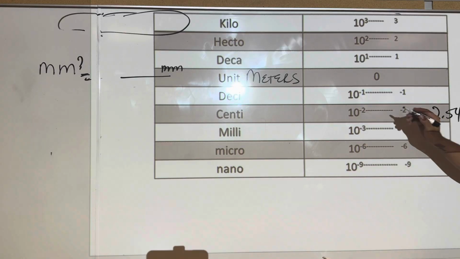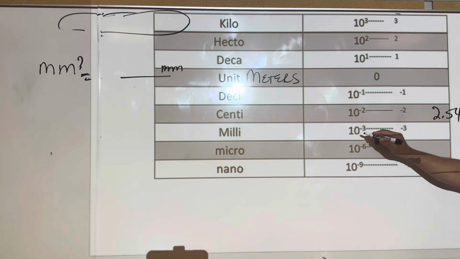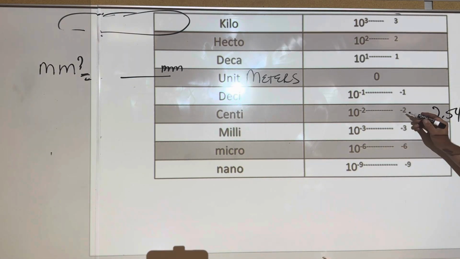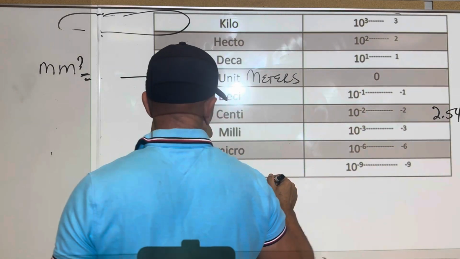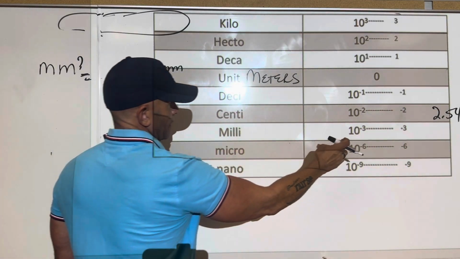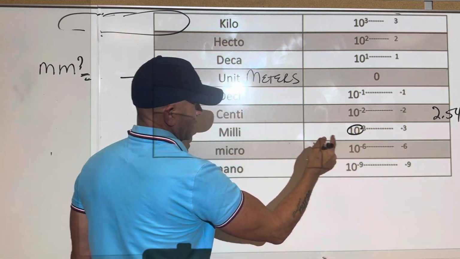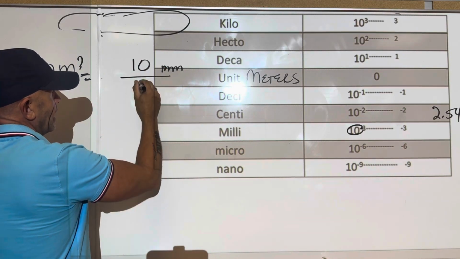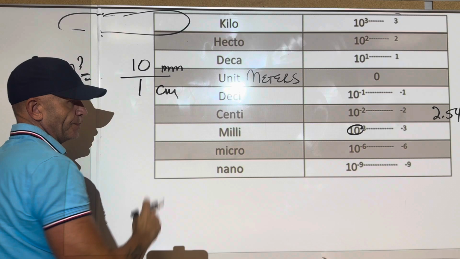Is millimeters smaller or bigger than centimeters? It's smaller. So we add a 0, so it would be 10, because there's a 0. So we put 10 millimeters in 1 centimeter.